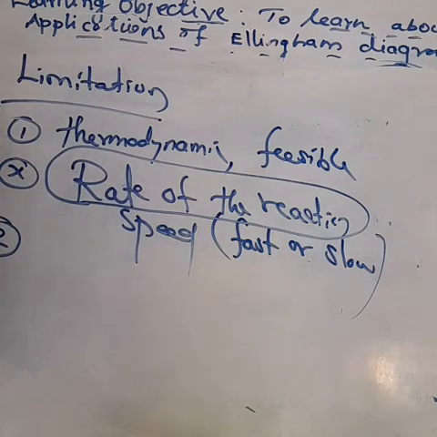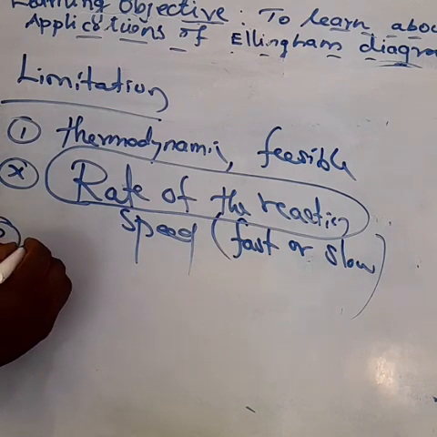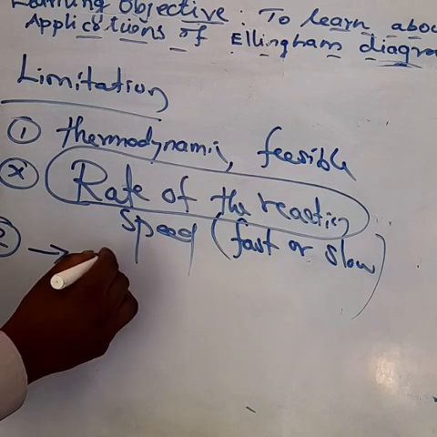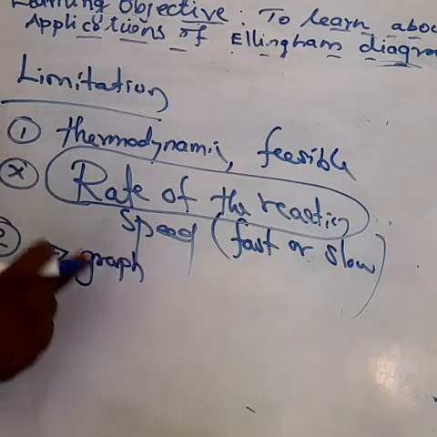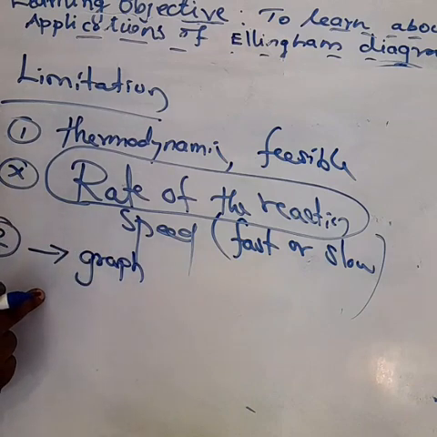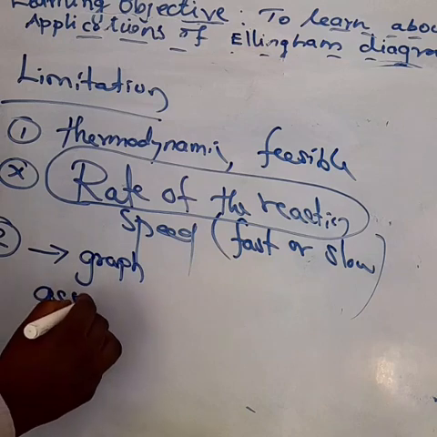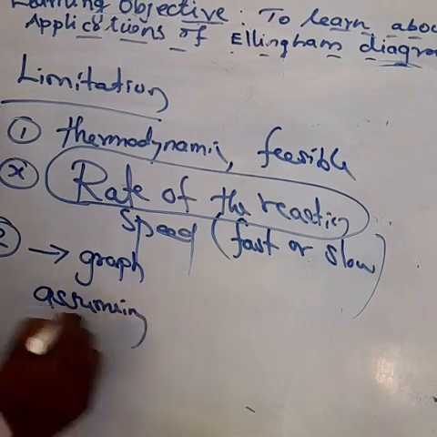The second point is this: the Ellingham diagram is based on a graph. We are using one graph, so the interpretation of delta G is based on assumption.